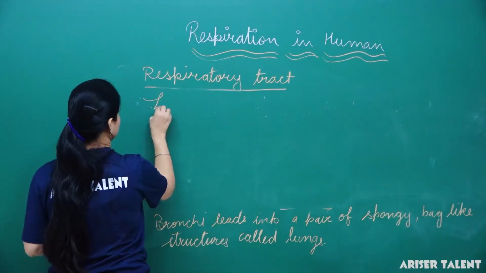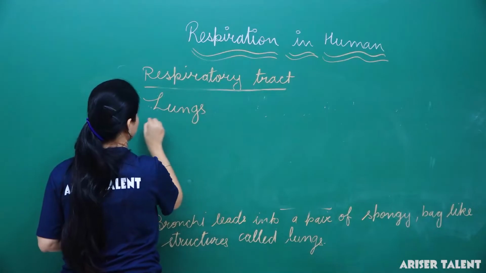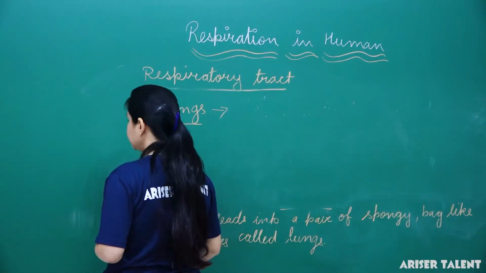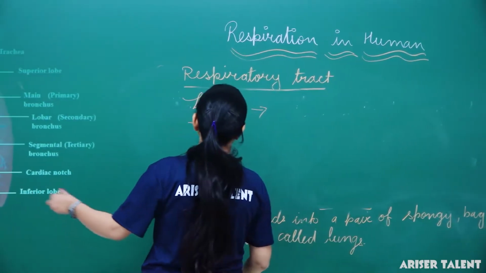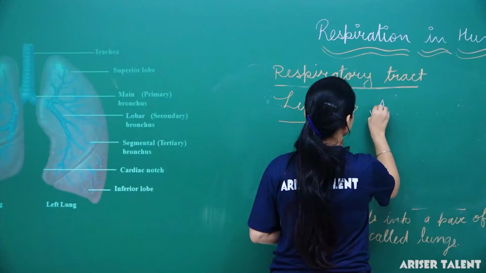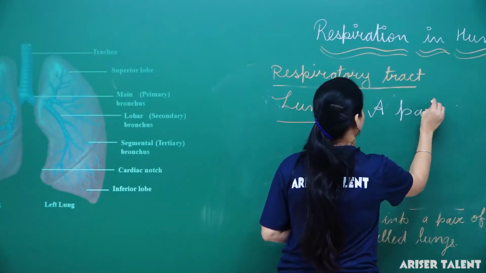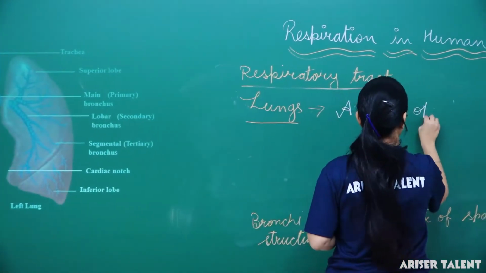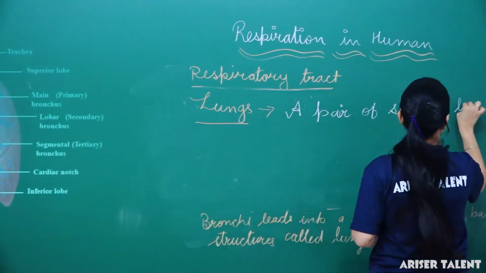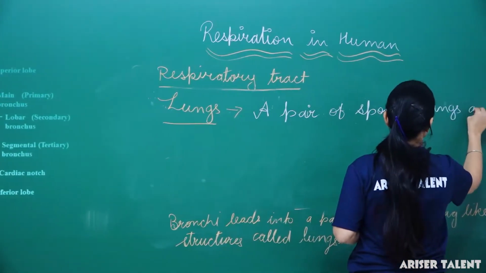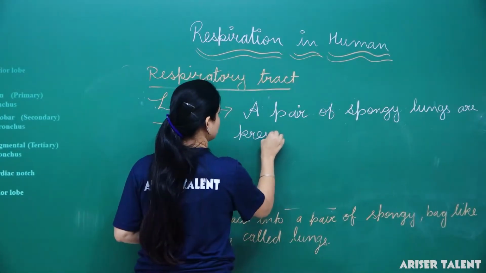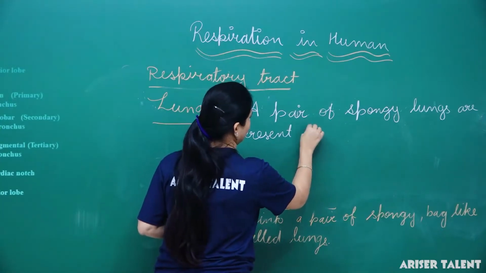Next is the lungs. As I showed you the image of lungs, let me repeat it. Here you can see the image of lungs, a pair of spongy lungs present in the human.